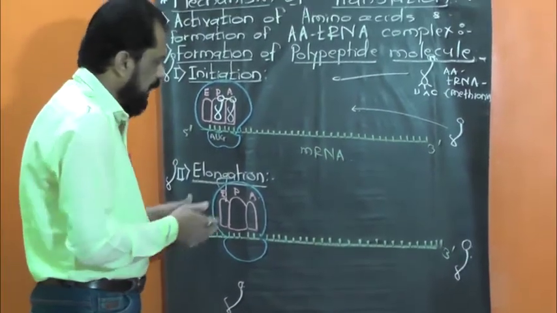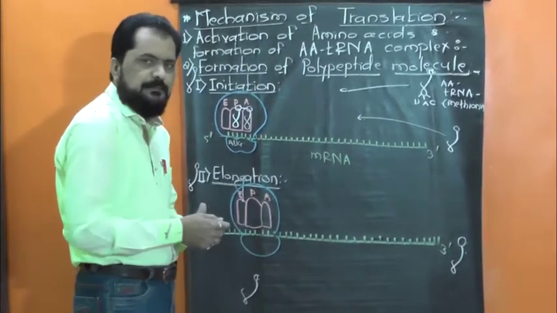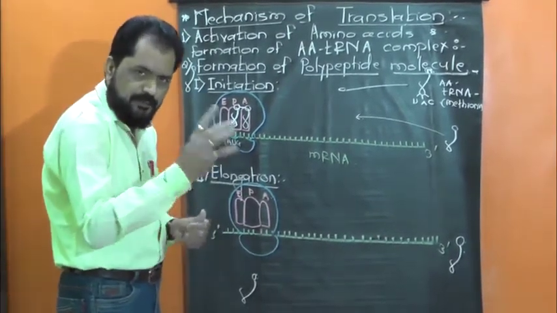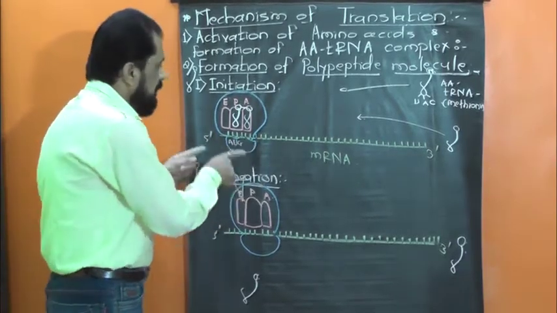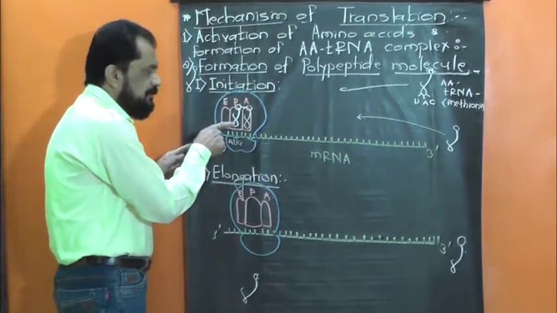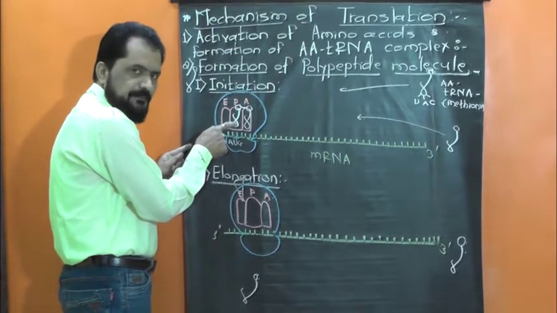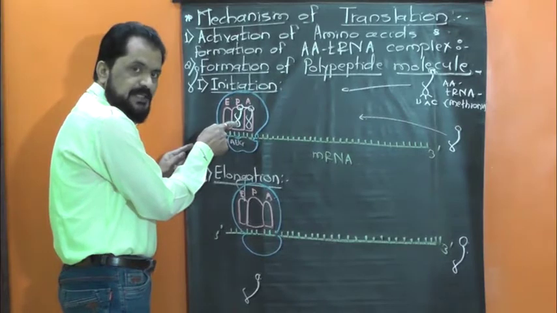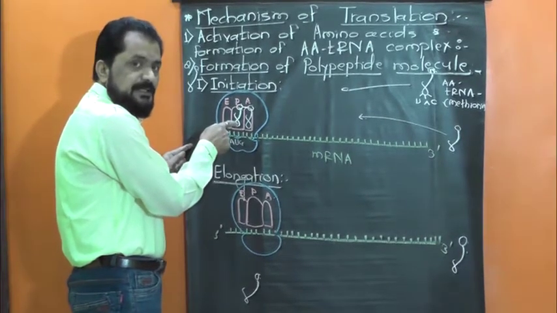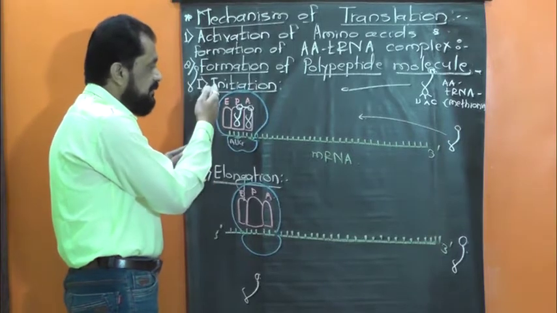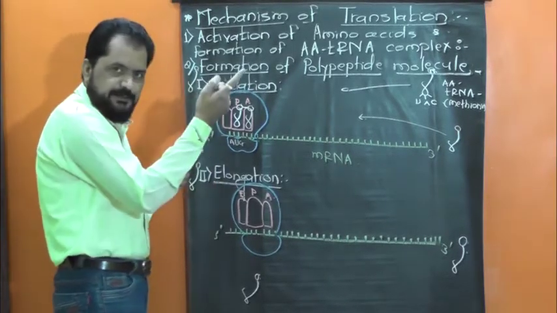As the ribosome moves towards the 3' end by single codon, then the tRNA present at P site, listen, tRNA present at P site becomes free and it is released from the ribosome via E site.